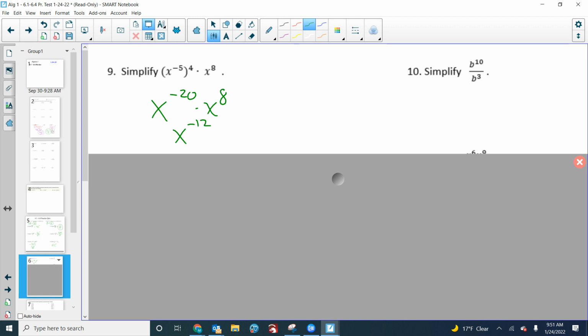Can I leave it negative 12? No. Heck to the no. So what do I write? 1 over x to the 12. How'd it turn out? I think it's darn good.